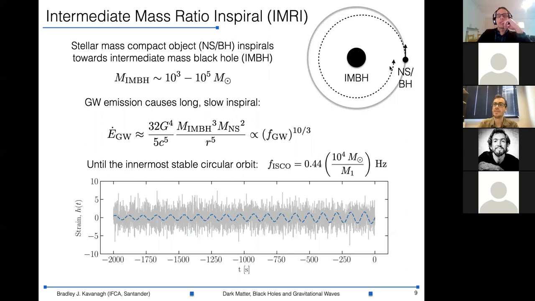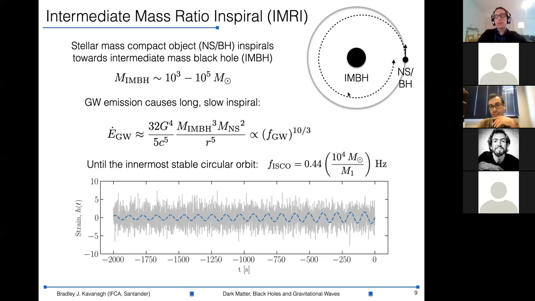Orbiting around this is going to be a smaller compact object, like a black hole or a neutron star. For now, we don't necessarily care about the nature of this smaller compact object. I'll sometimes just call it a neutron star because then it's easier to distinguish from the central black hole, but for most of this talk it doesn't matter what that is. It just has to be some lighter compact object.